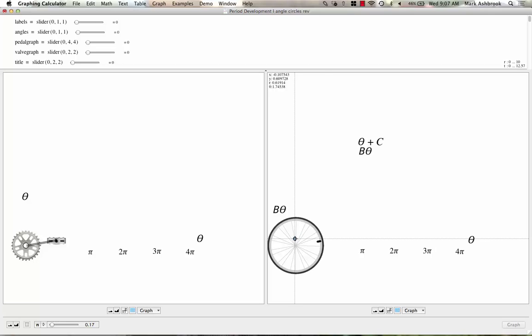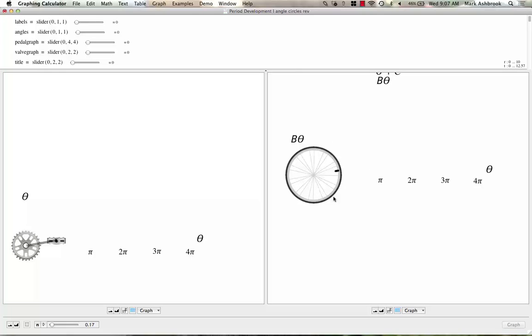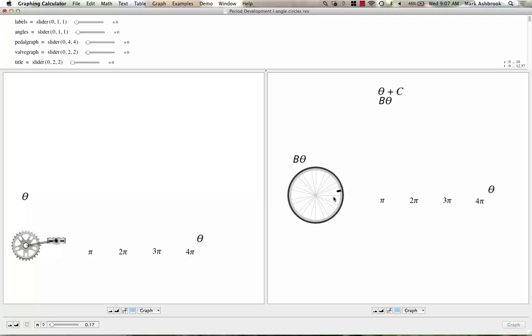The investigation we did last time. All right, page 281, I think it is. Page 281.